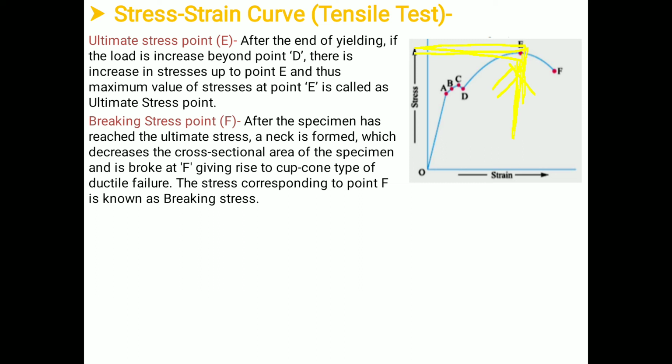At this stage, the cross-sectional area of a particular section starts decreasing very fast. This decrement in the cross-section is known as neck formation.